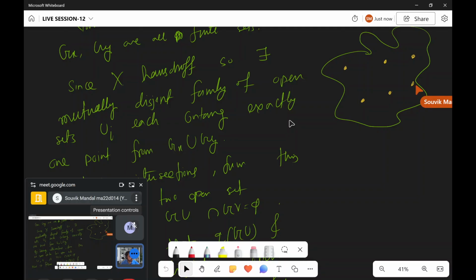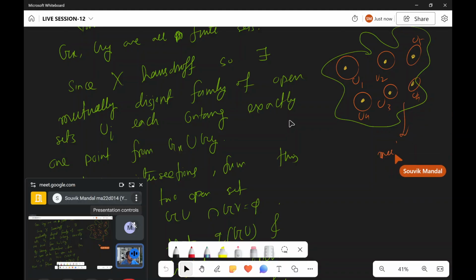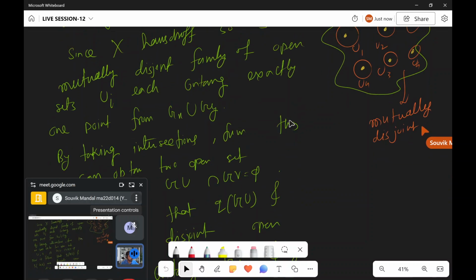This condition tells us we shall get open balls U1, U2, U3, U4, U5, U6, all mutually disjoint.